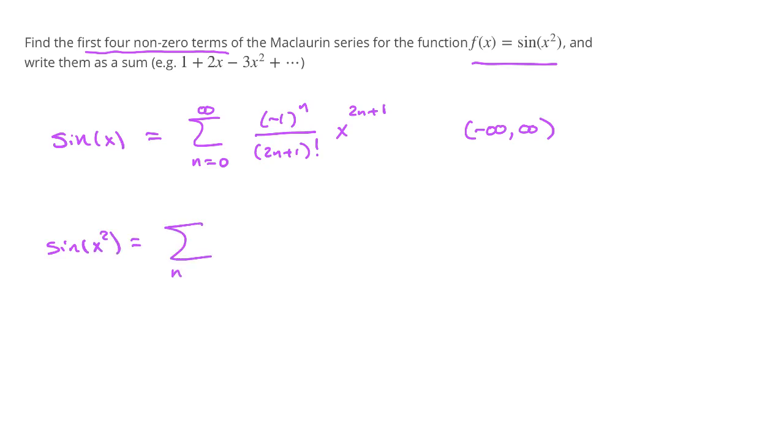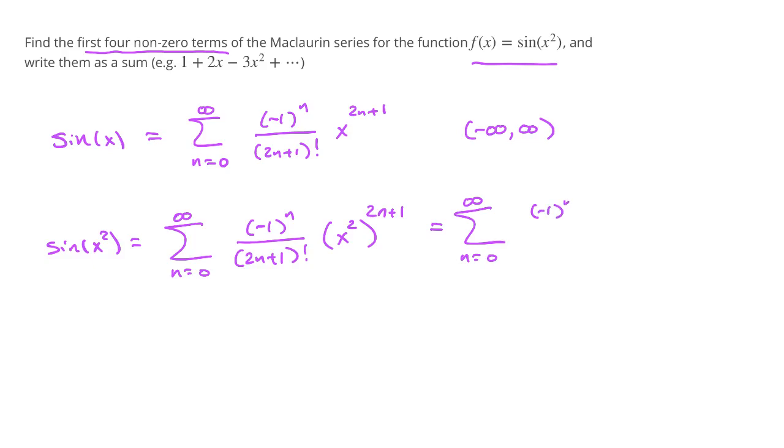So this will be our sum, n equals 0 up to infinity, minus 1 to the n, all over 2n plus 1 factorial, substituting x squared in for x to the 2n plus 1 power. So this will give us a series n equals 0 up to infinity, minus 1 to the n, over 2n plus 1 factorial, x to the 4n plus 2 power.